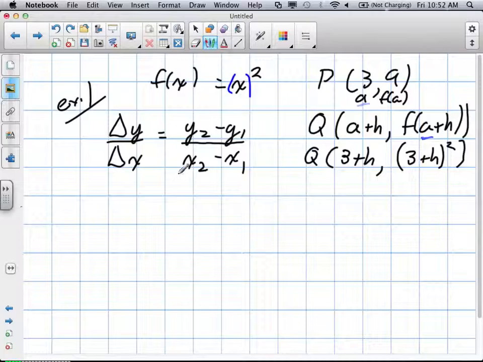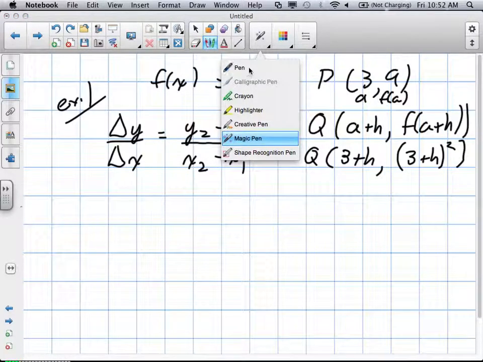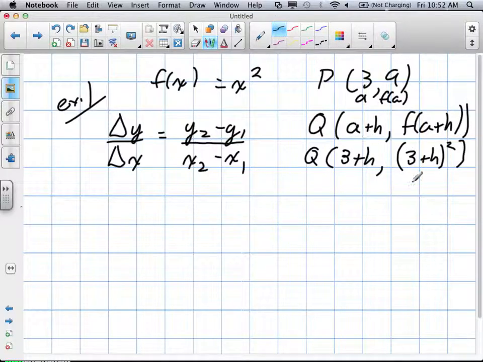Now, we're going to plug this in the formula. I want you guys to notice, okay, this is our y2, x2, x1, y1. I'm not sure why that was so hard for me to write.